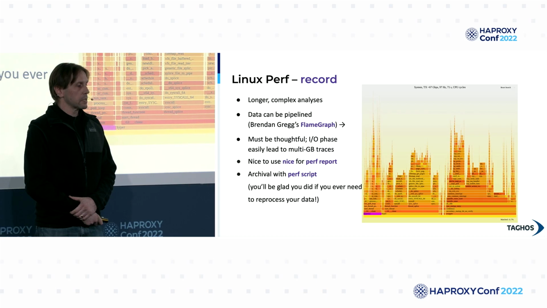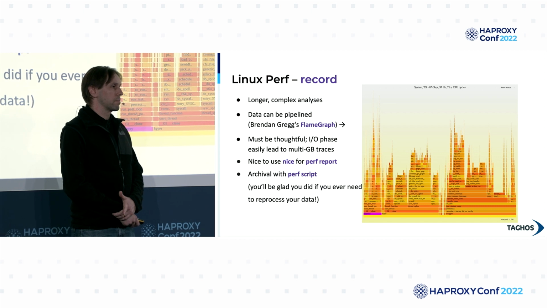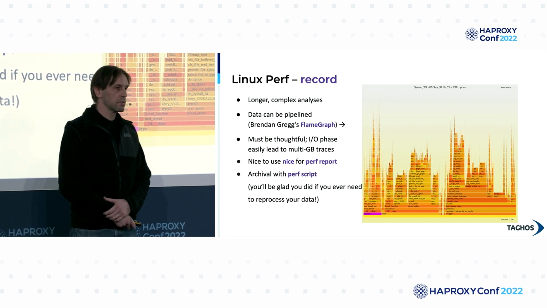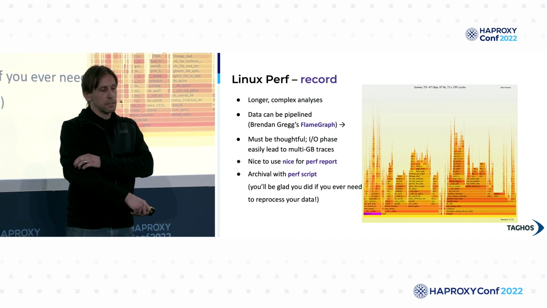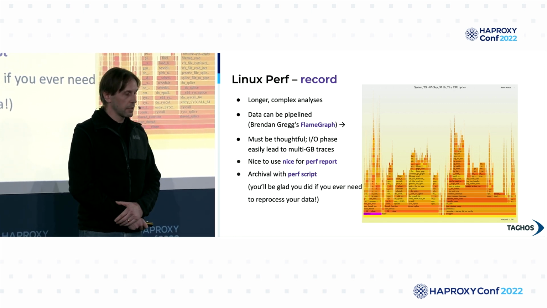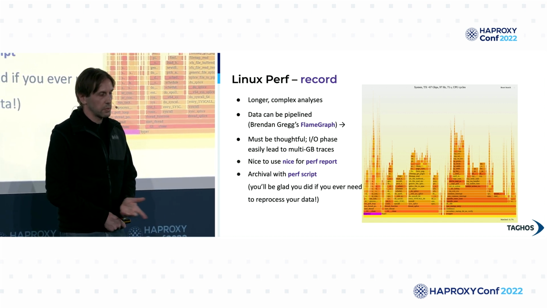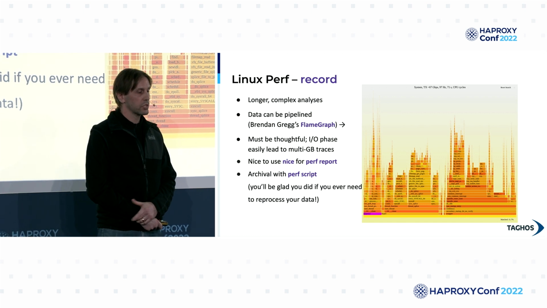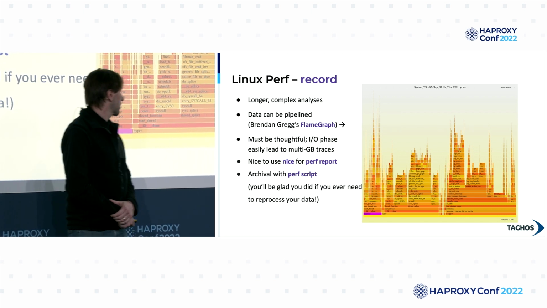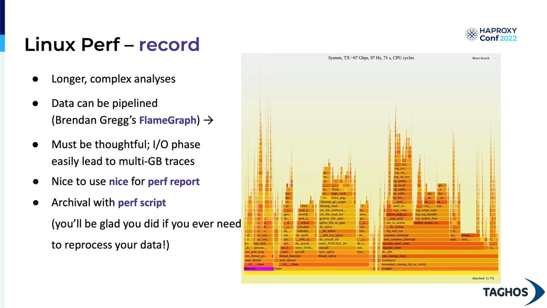Perf record allows us a much longer and more complex analysis. We can pipeline the data into other applications. The most famous would be Brendan Gregg's flame graph, which we have here. This is a system-wide data collection. We collected data for 71 seconds.